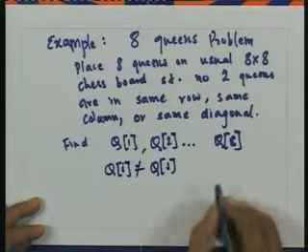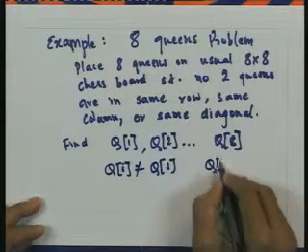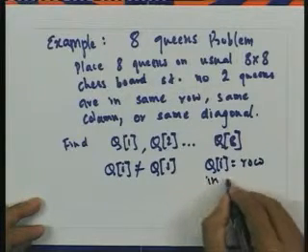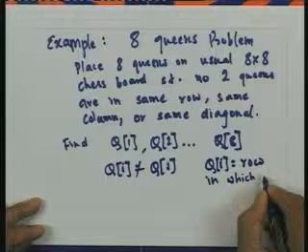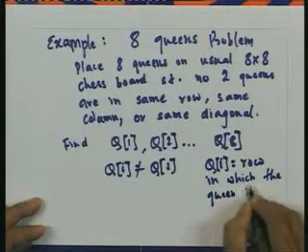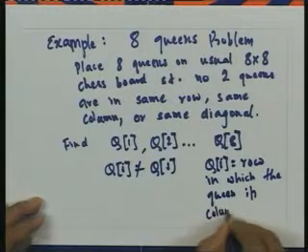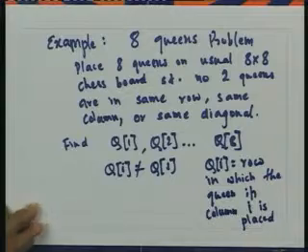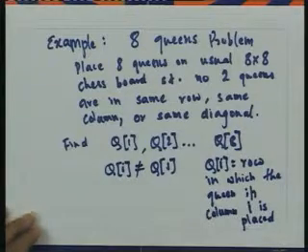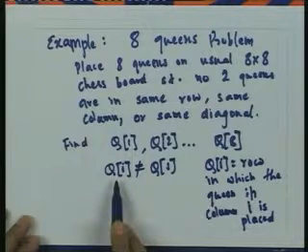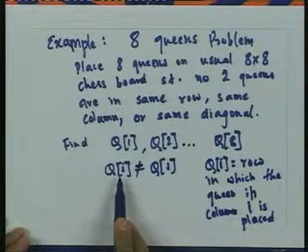Interpret Q of i as equal to the row in which the queen in column i is placed.